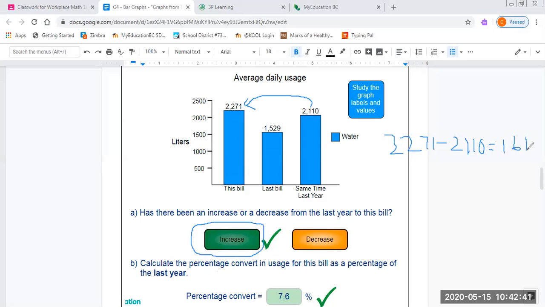And we'll do them in the calculator in a second, but you can see that. And then that 161 we got, we want to divide that by, and it's saying as a percentage of last year. So whatever it's showing here, we want to compare that to last year's numbers. So that's why we have to divide by the last year value. And that's going to give us a decimal value, which, remember, when we get that decimal value, we'll have to multiply by 100 to find out what the percentage is. So let's plug that into the calculator so we can see exactly how that works.